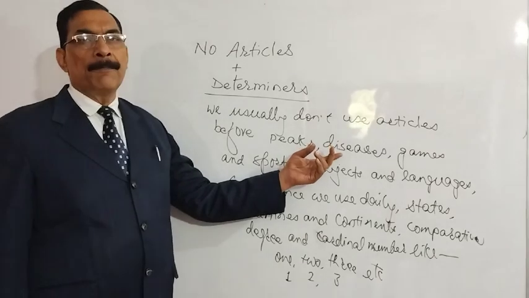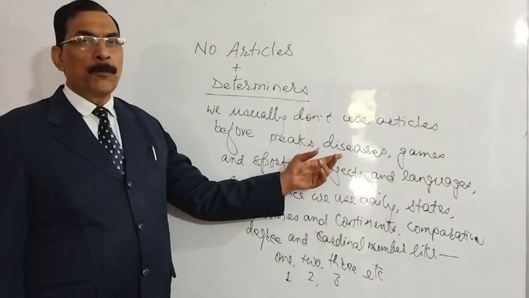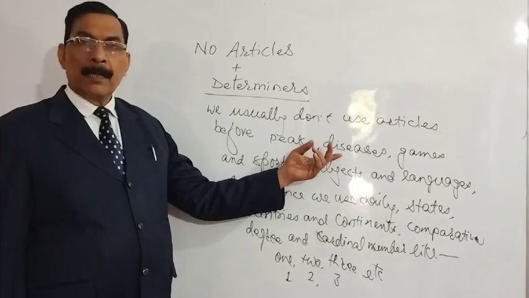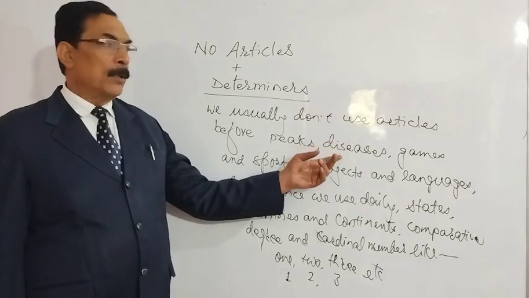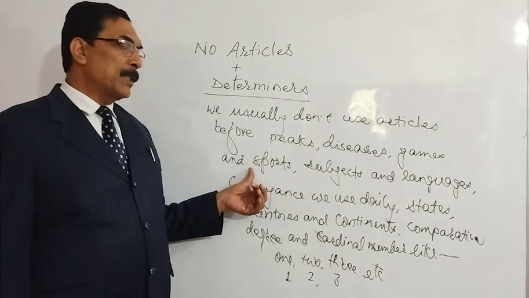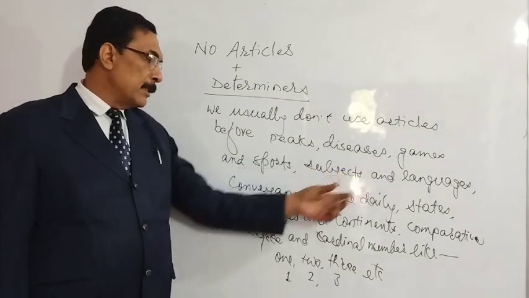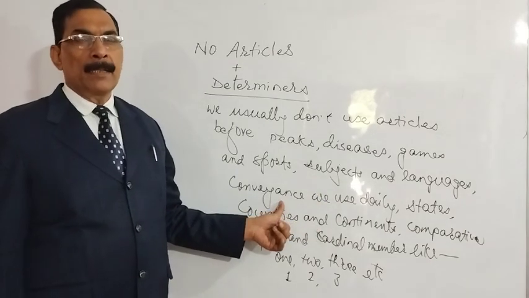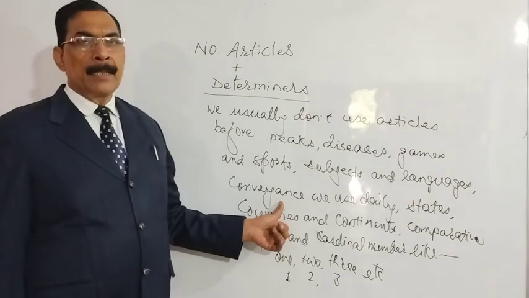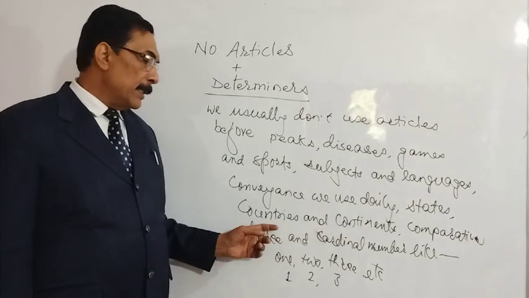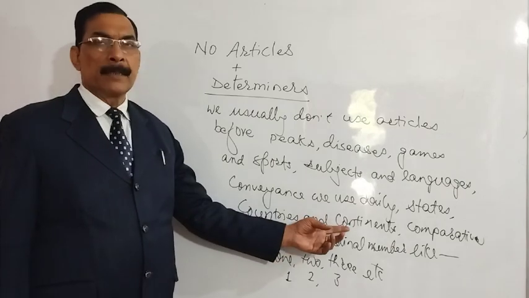Like we use the article before outbreaks, the diarrhea, pandemics like the corona, epidemics, the plague, etc. Also games and sports, subjects and languages, conveyances we use daily, like we come here by bike, he goes to office by car, estate, countries and continents.